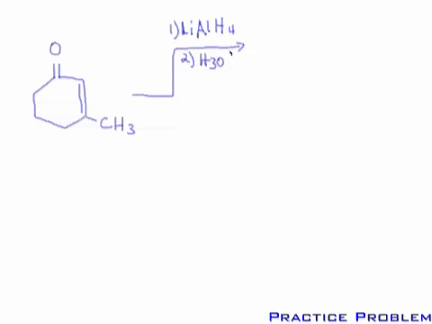Well, lithium aluminum hydride is a polar reagent, and we know it does not attack the alkene, so it would be expected to add H- to the carbonyl. The acid would then protonate the oxygen, producing an OH and leaving the alkene intact.